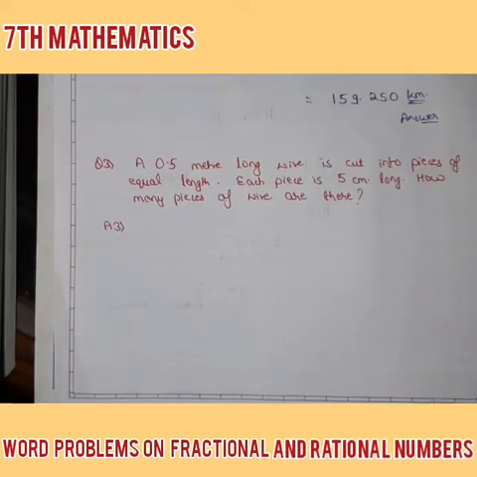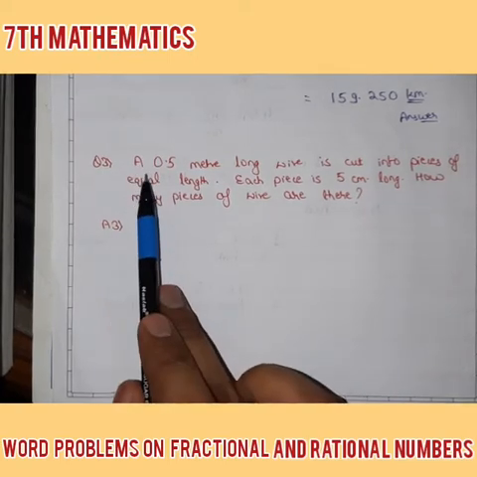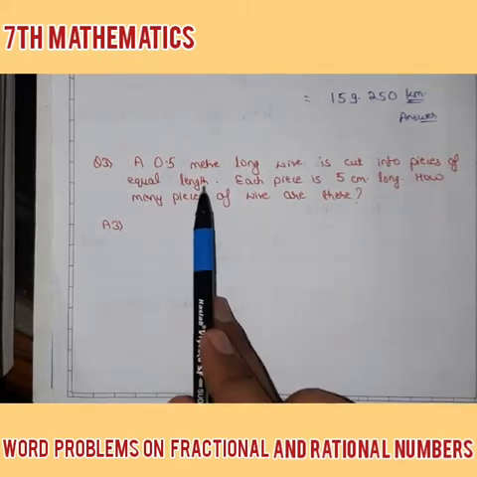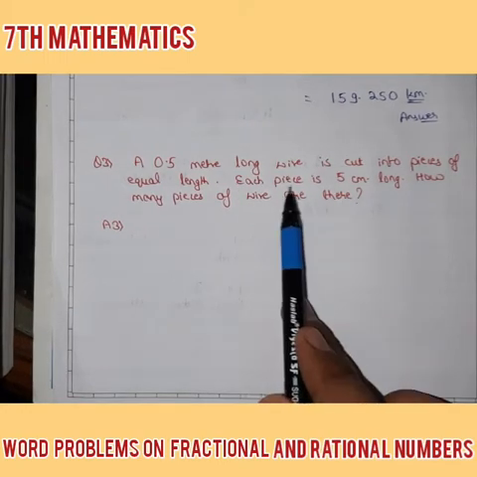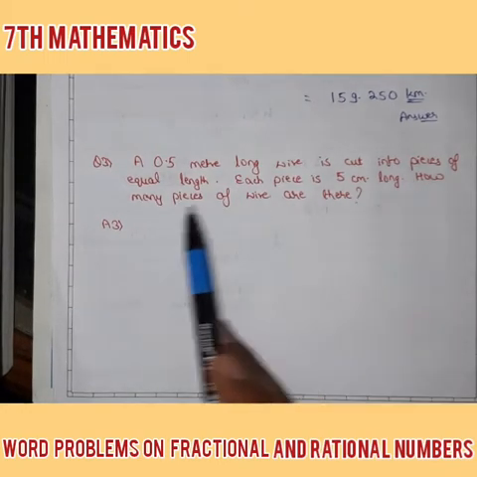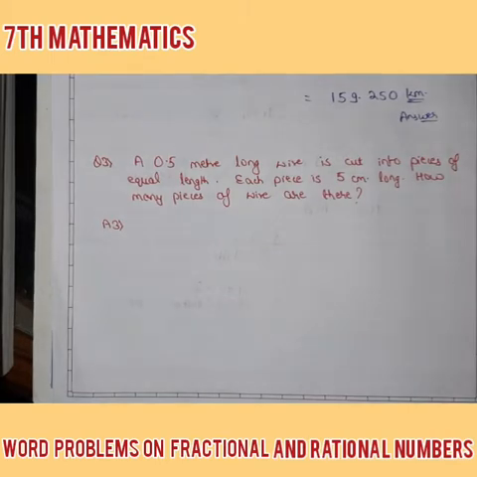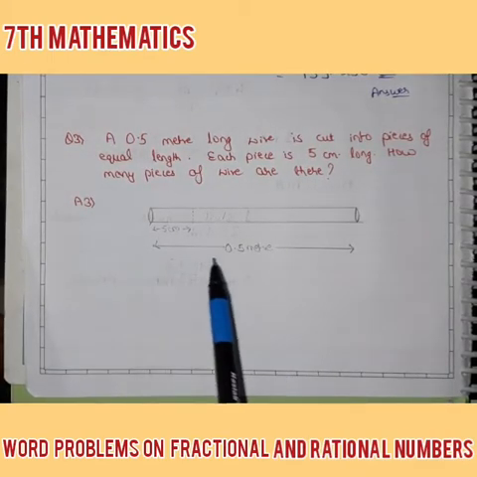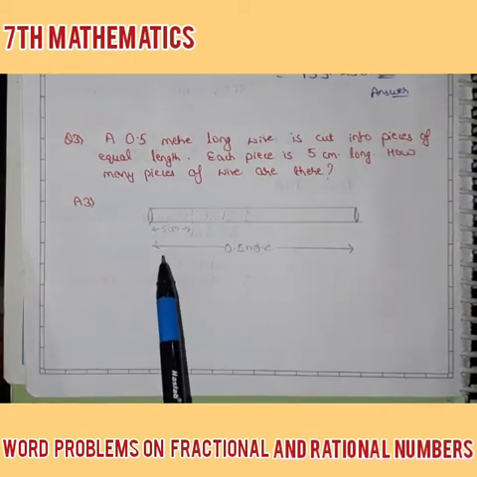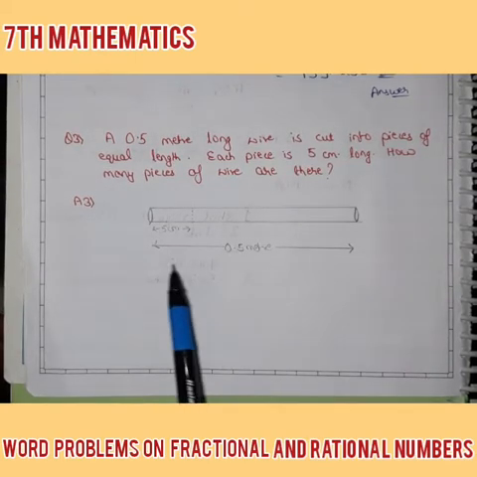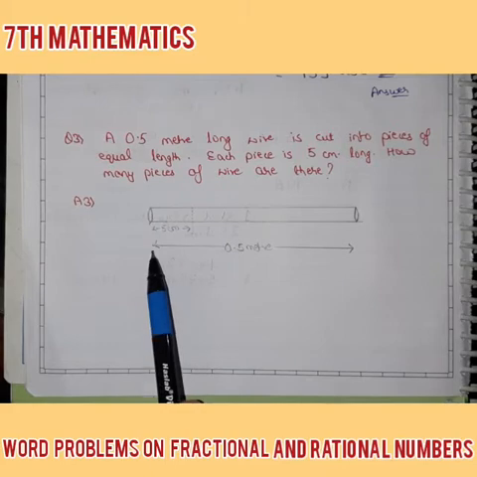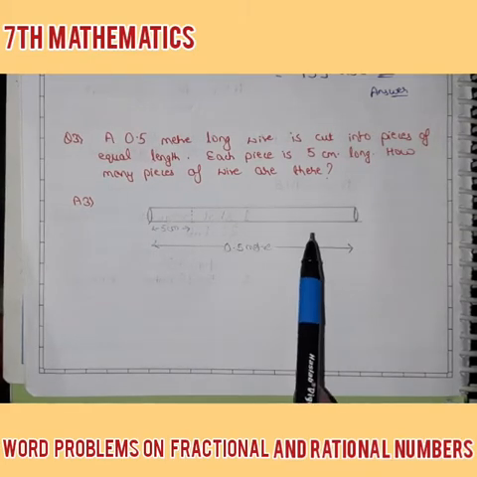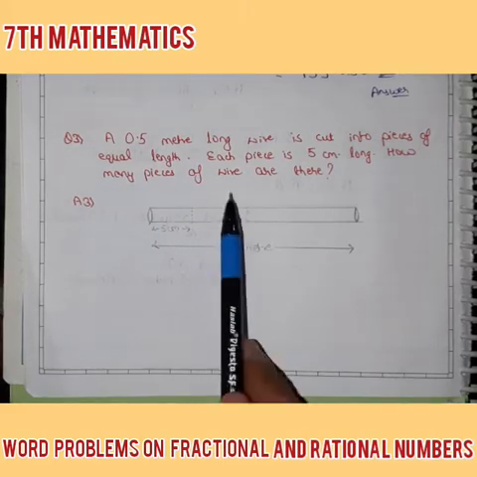Simple question. Now our next question is, a 0.5 meter long wire is cut into pieces of equal length. Each piece is 5 centimeter long. How many pieces of wire are there? Now in the question it is saying that there is a wire whose length is 0.5 meter. Now this wire is cut into equal pieces.